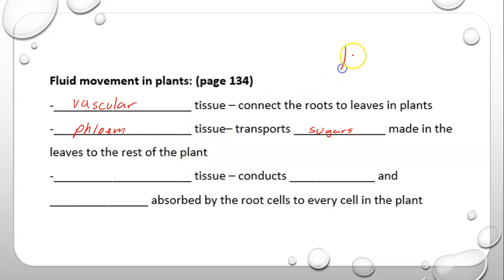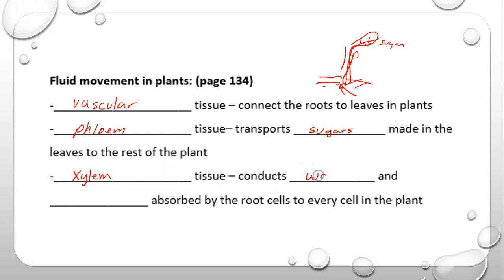So if we've got our plant here with the root system, and we got leaf here, sugars are made here, and it's the phloem that's going to circulate all the way around. Now, the xylem is a little bit different.